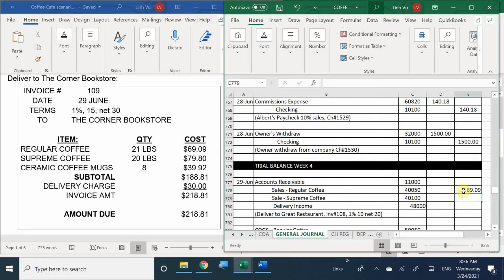What about our sales for the Supreme coffee? 79.80. And what is the sales for the ceramic coffee mugs? Good. And the delivery fee? $30. So I'm going to go ahead and equal sum this real quick just to verify.